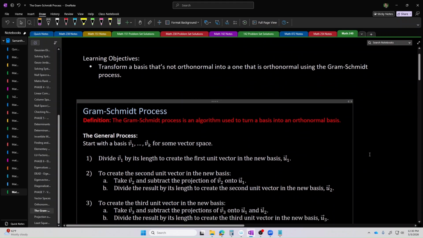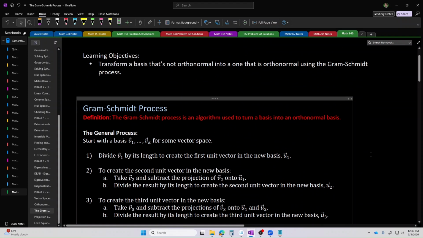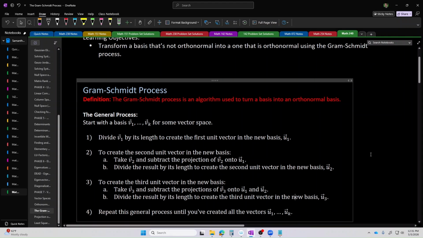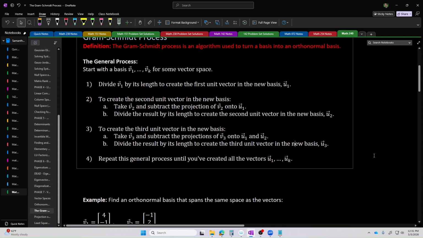So that concludes today's video. Today we talked about a process for taking a basis for a vector space and transforming it into an orthonormal basis, typically as an investment to make the basis easier to work with in subsequent calculations. To turn a basis into an orthonormal basis, start by taking the first vector in your basis and rescaling it to have a length of 1.